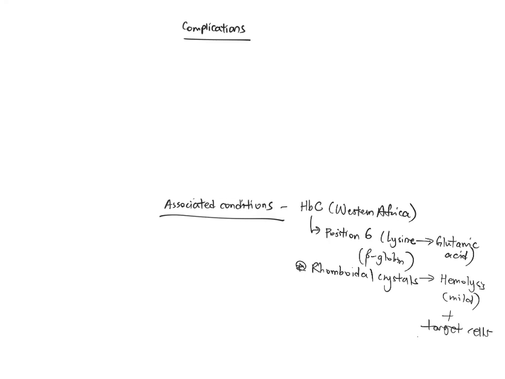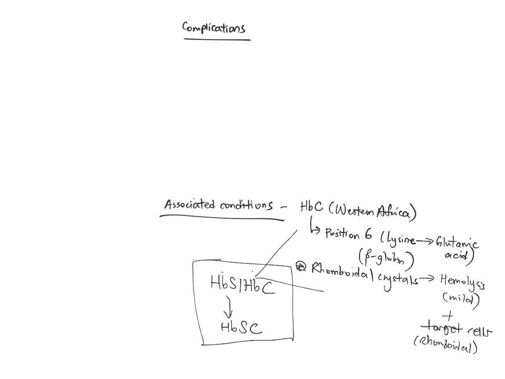So it's important to note that hemoglobin S and hemoglobin C can occur at the same time, and we call it hemoglobin SC. So this is a heterozygous condition of the sickle cell trait, and also the hemoglobin C disease as well. And when patients present with both, it's a more severe condition.